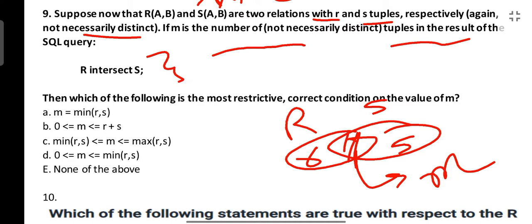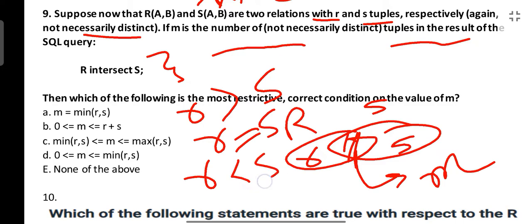Maybe R has more rows, R and S both have equal rows, or R has fewer rows. So minimum, maybe nothing is common, so M can be 0 also. And what else? Maybe R has more rows, but all the S rows are in R also.